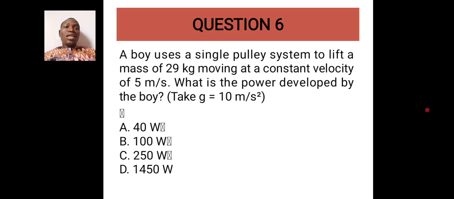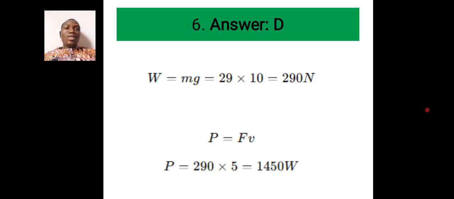So this time around, because he's lifting it up against the force of gravity, that is why we are using G instead of A, because it's not a linear motion on the ground. So what we need to do first is to calculate our force, because acceleration is given to us. Two things we need to calculate this power generated are force and velocity. Velocity is there intact.